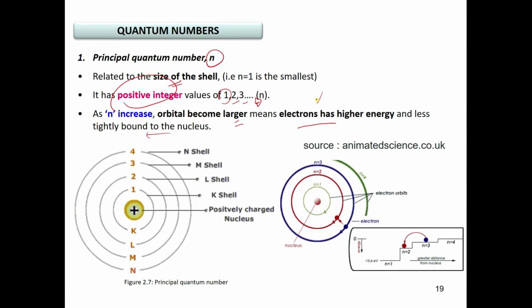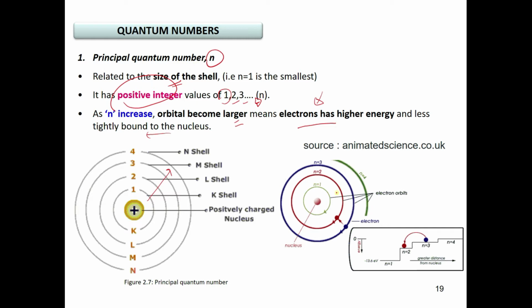So for a particular atom with more electrons, it is going to have higher quantum numbers, because the quantum numbers are where the electrons reside. As the number of electrons increases, the orbital also increases based on the increment in the principal quantum number.